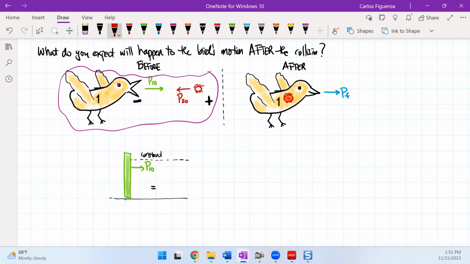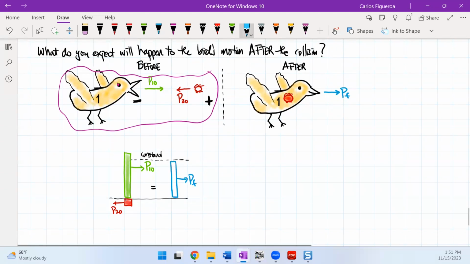This guy should be in red, and then afterwards, this should be in blue, where most of the momentum continues to move in the forward direction here.